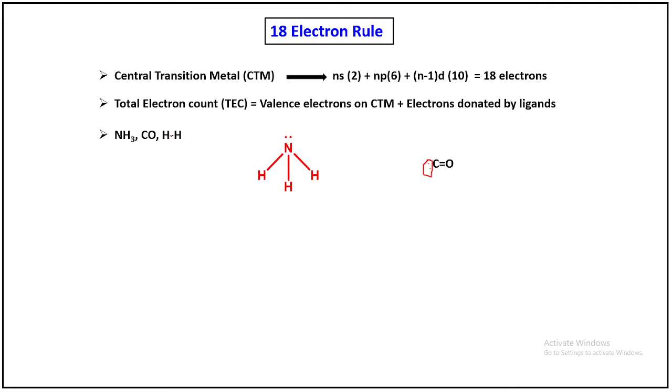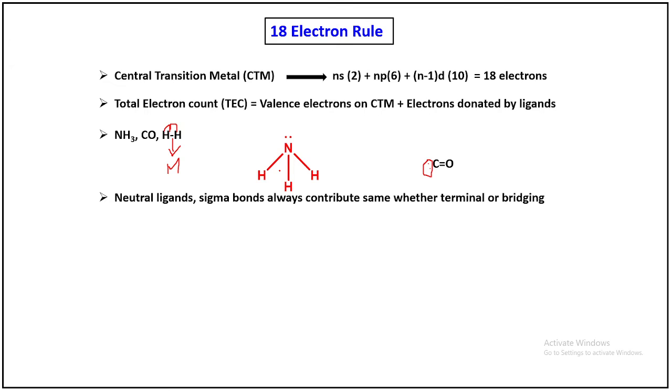We know how a sigma bond is formed. It is formed from 1 electron from each atom, right? 1 electron from this hydrogen and 1 electron from this hydrogen. So any sigma bond consists of 2 electrons. So if this is connected to a metal, a sigma bond is also a 2 electron donor.